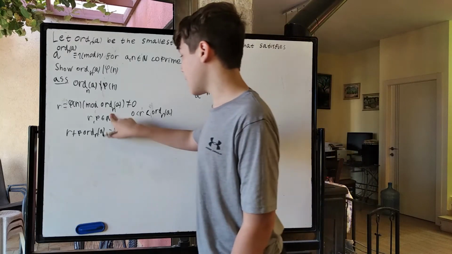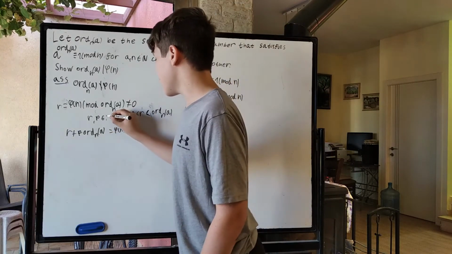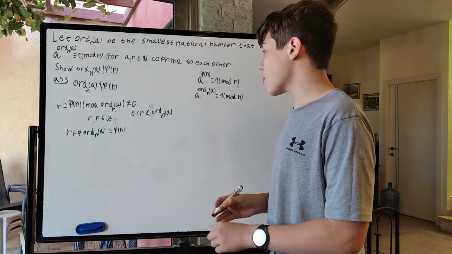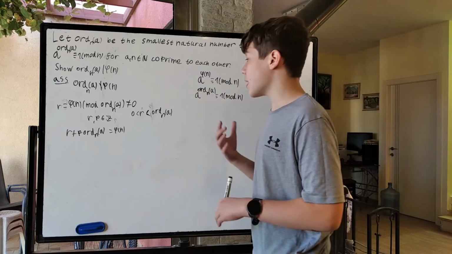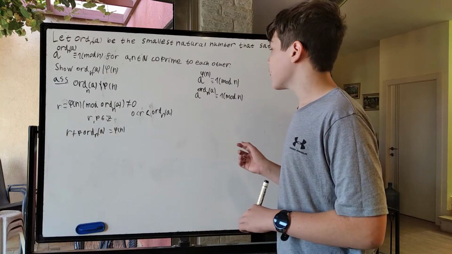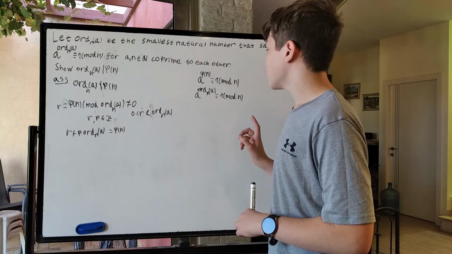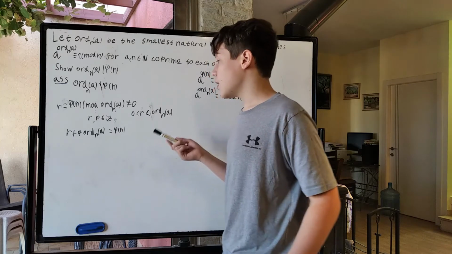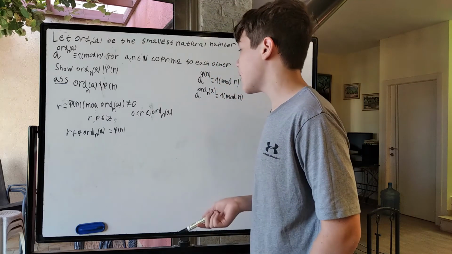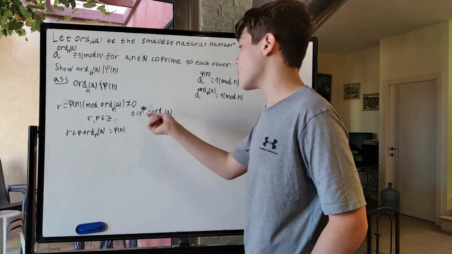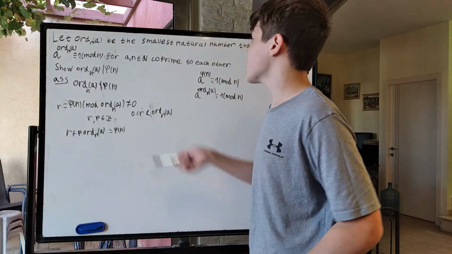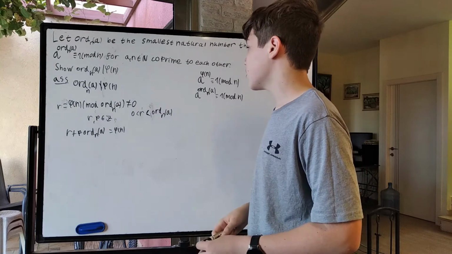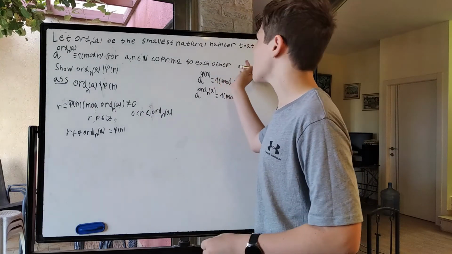So actually, I should say r and p are from Z, that they're whole numbers. But because we know order a of n is... so first of all, obviously p would be a natural number, really by definition of mod, and of course phi of n is bigger than order a of n, because order a of n is the smallest natural number that satisfies this property.